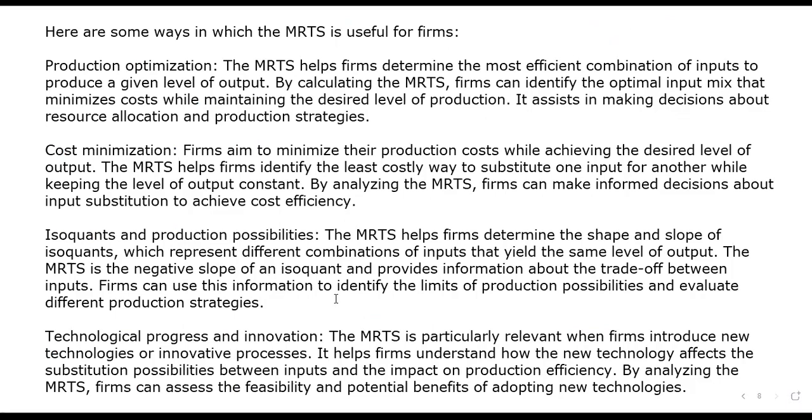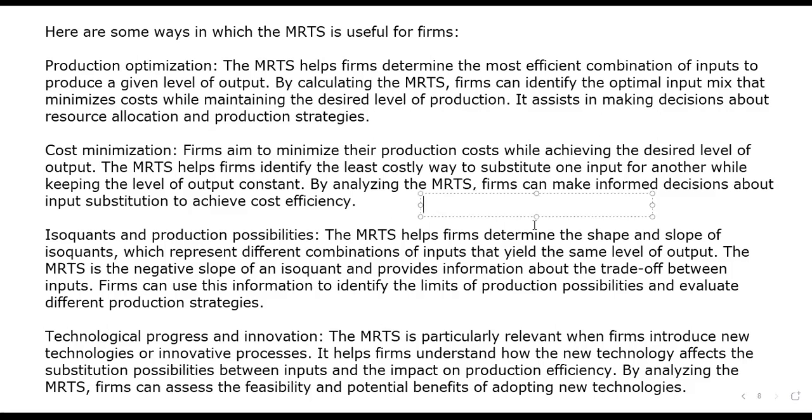Number 2, marginal rate of substitution is important because it also helps in cost minimization.